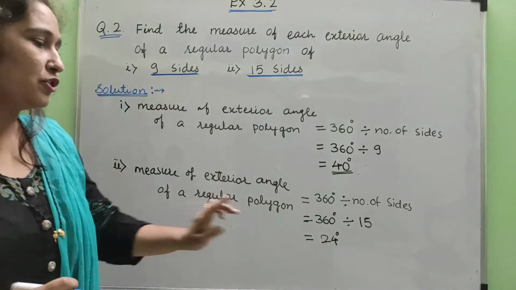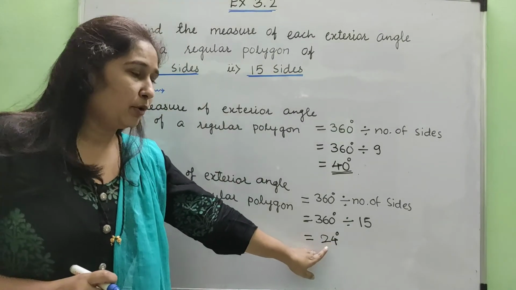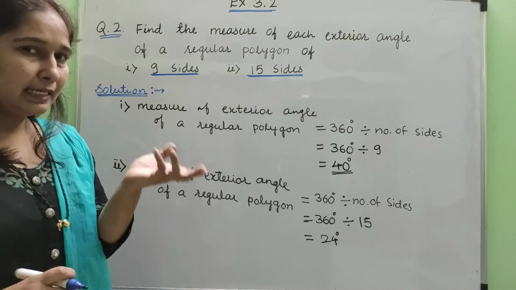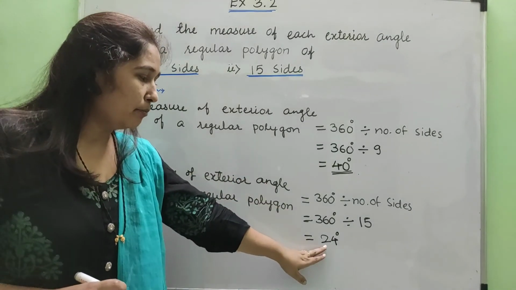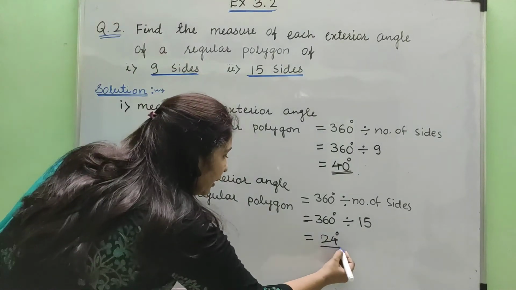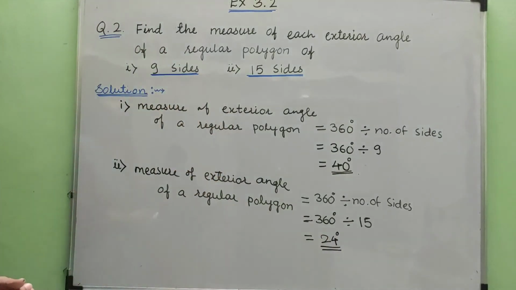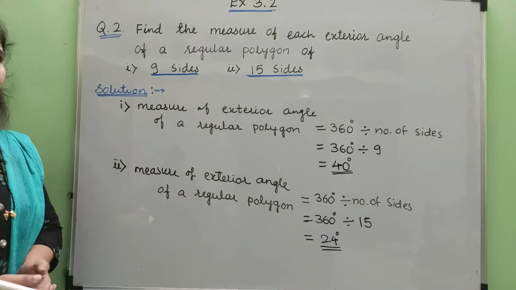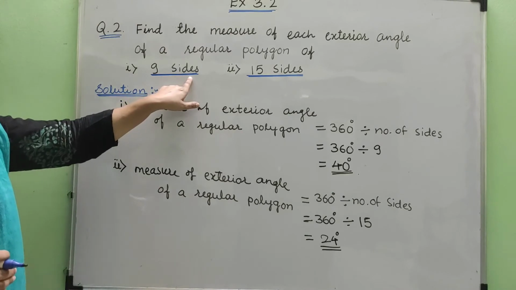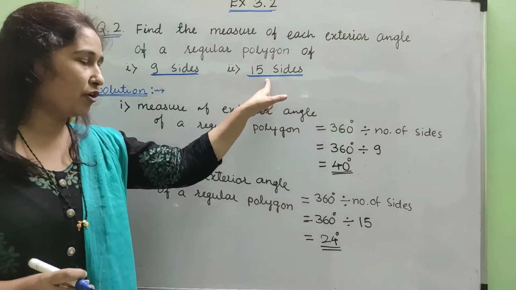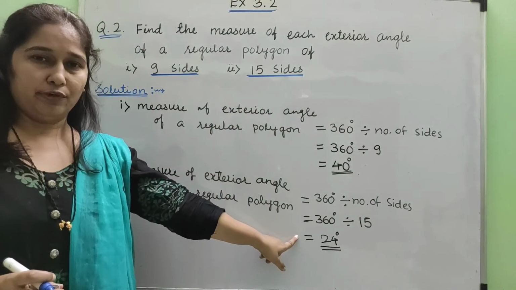You have to mention degree here because you are finding an exterior angle. It is an angle, so it is compulsory to mention the degree sign. So the exterior angle of a 15-sided regular polygon is 24 degrees. When 9 sides were there, we got the answer 40 degrees, and for 15 sides, 24 degrees.